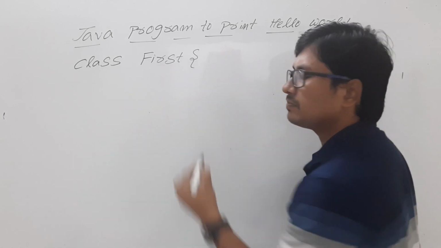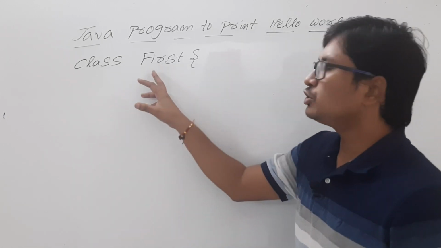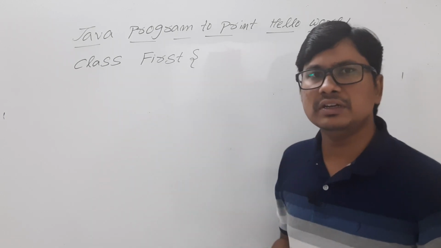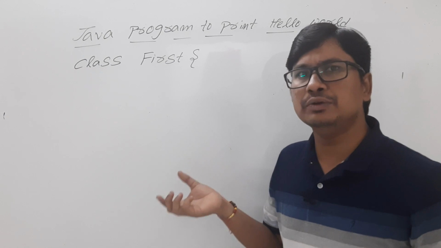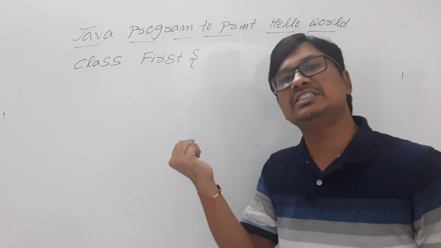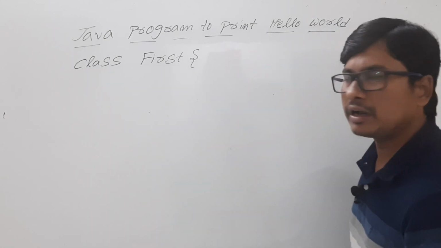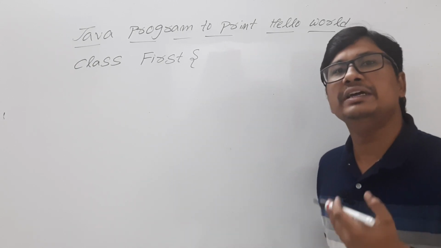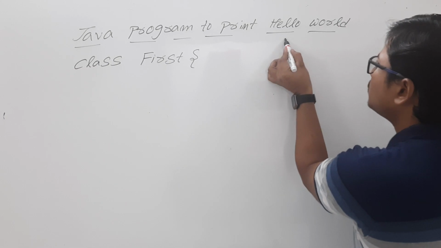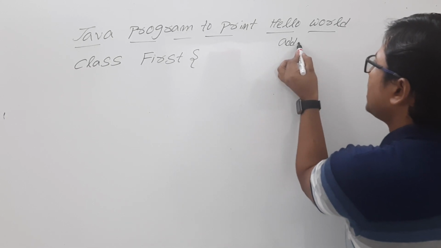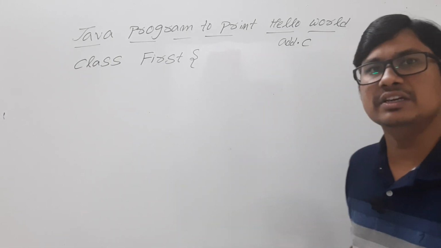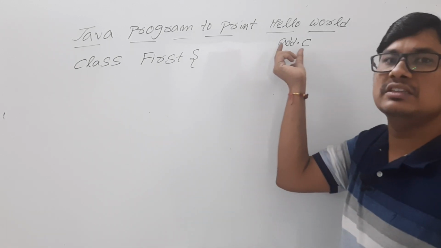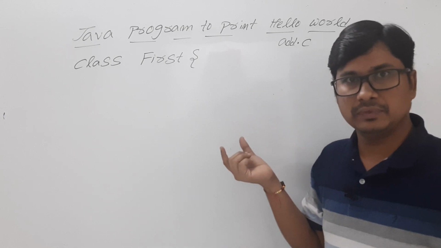Remember one thing, the class name should be the same as the file name. You know that every program you need to save with a name, with an extension. When we write a C program, suppose you are writing a C program to perform the addition of two numbers, then what name will you give? Usually you will give add, and with the extension .c you will save it. So this extension will help you recognize that this is a C program.